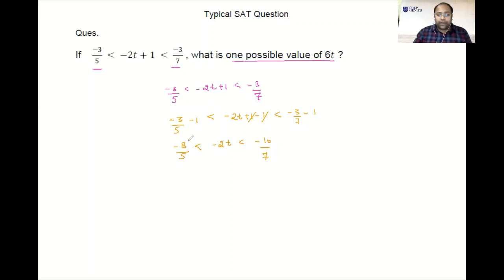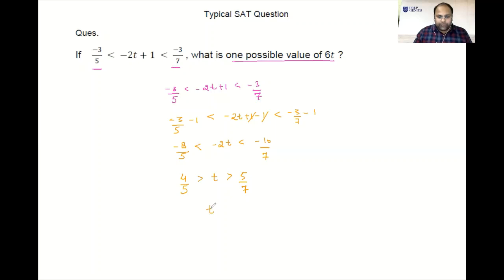So if you divide this by -2, this would become 4/5. Instead of less than, it will become greater than. If you divide -2t by -2, it would become t. Again, this sign will get reversed, and this -10/7 will become 5/7 if you divide it by -2, right?